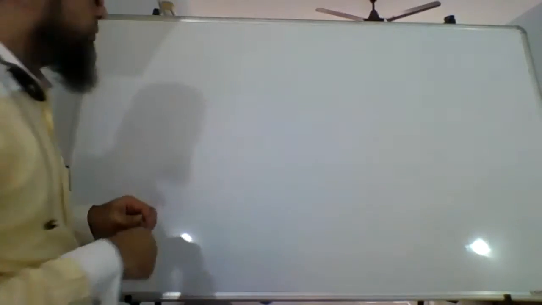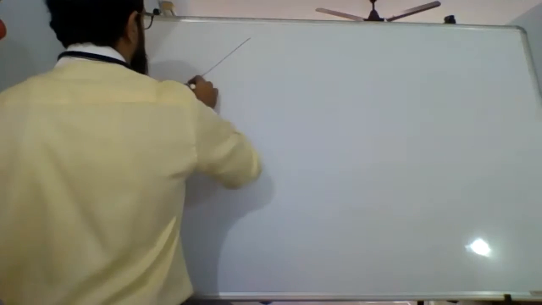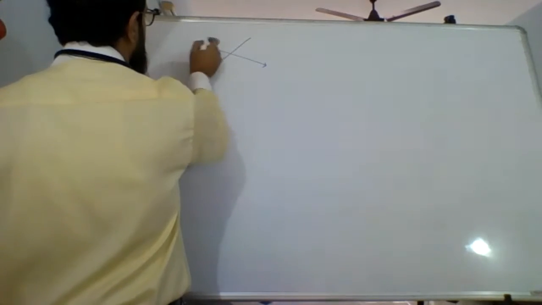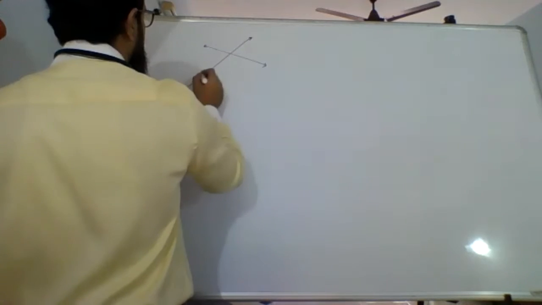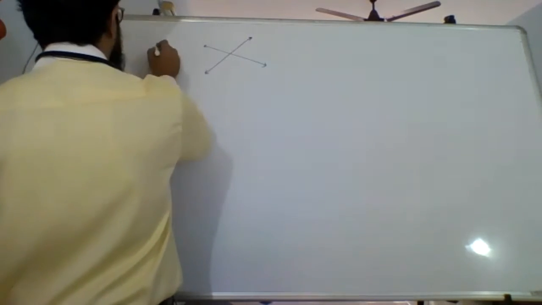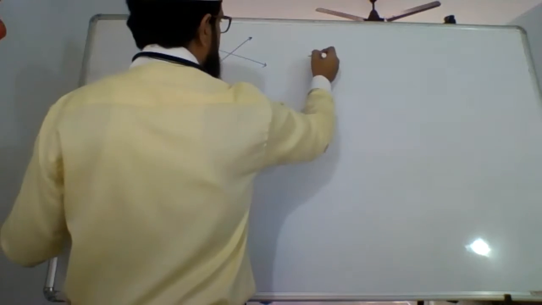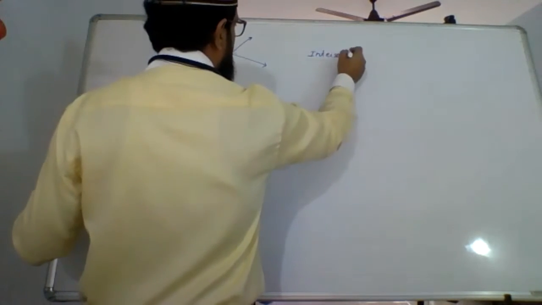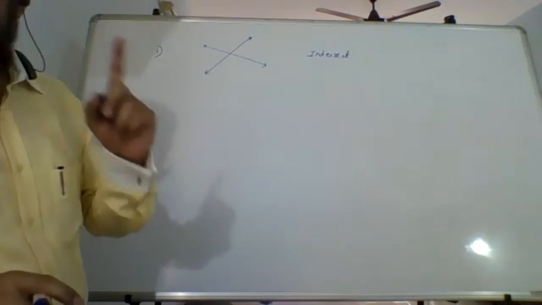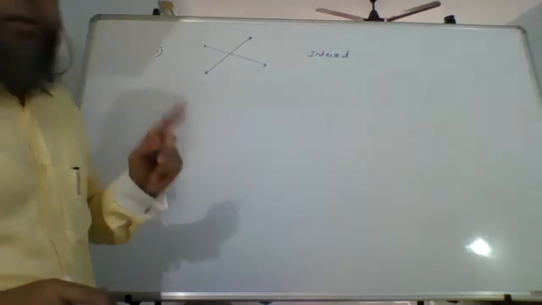What can happen? These could be the two lines. That means they intersect. Okay, you pause this thing. The two lines can intersect. Now, if they intersect, they'll have only one point in common.